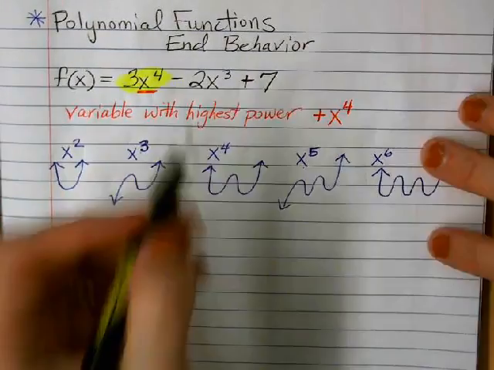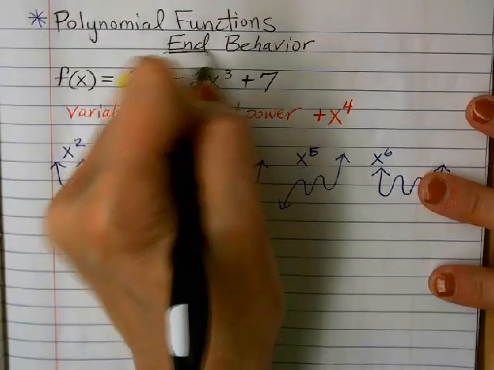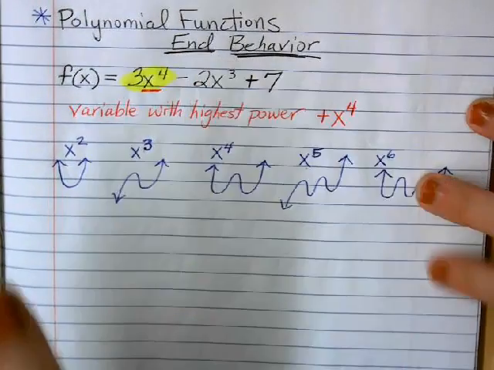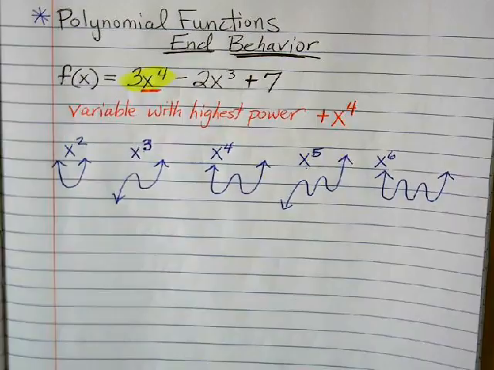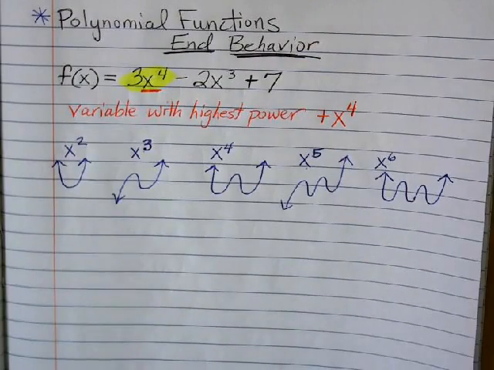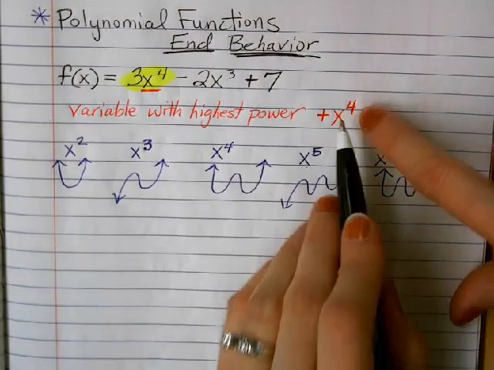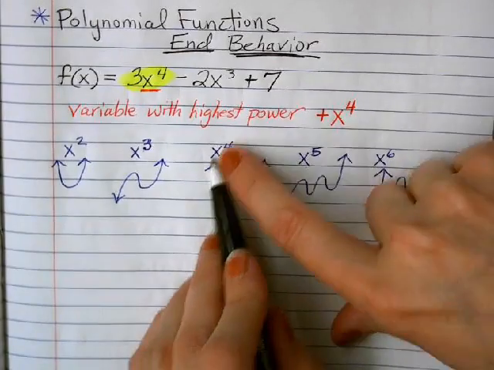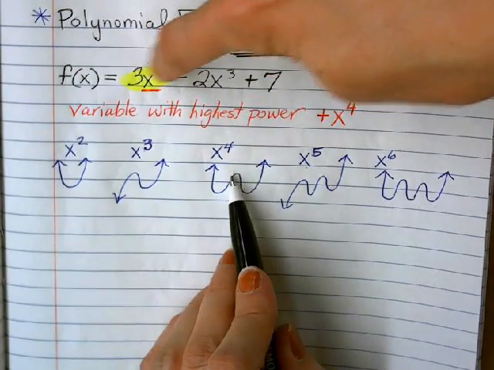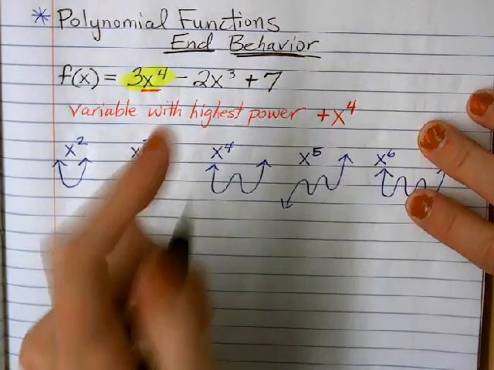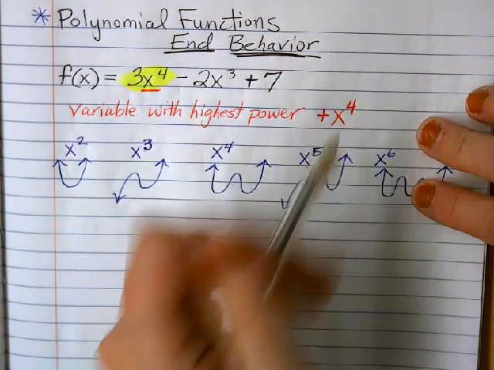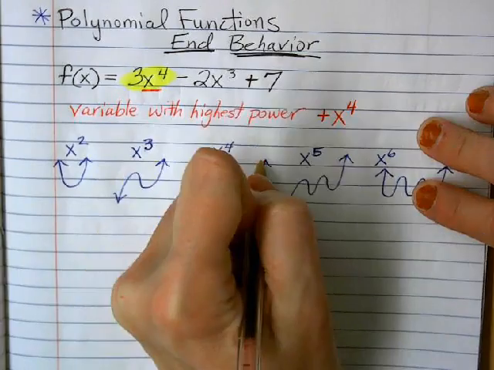So they want to know what the end behavior is, guys. End behavior. That's these arrows on the ends. Basically, which way are the arrows pointing? What are the arrows doing? So if I have an x to the fourth power, it looks kind of like this graph. If it's 3x to the fourth, I know it's going to be like this one. So I'm noticing on this x to the fourth graph, both arrows are pointing up.